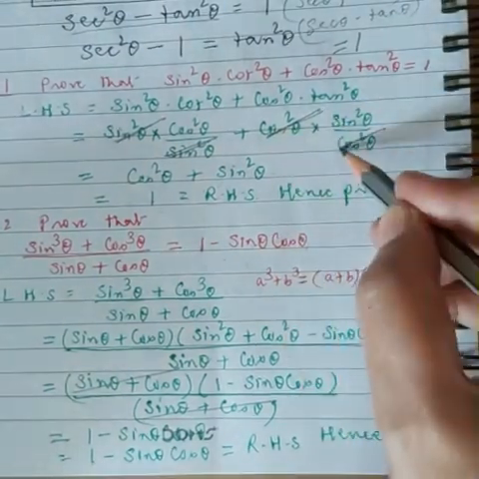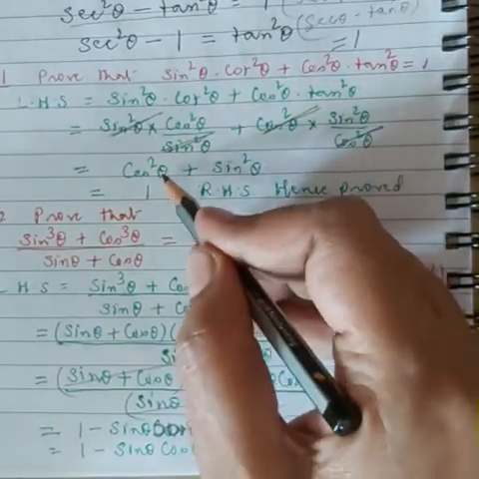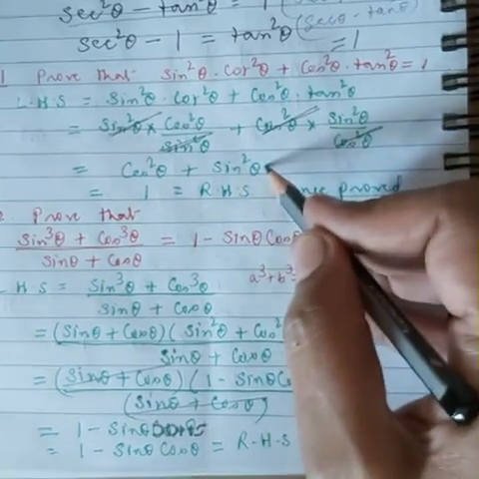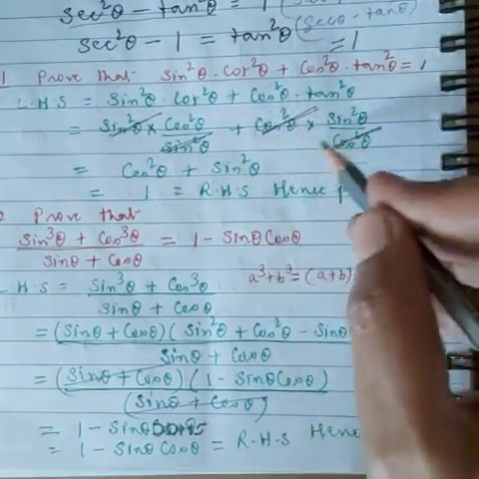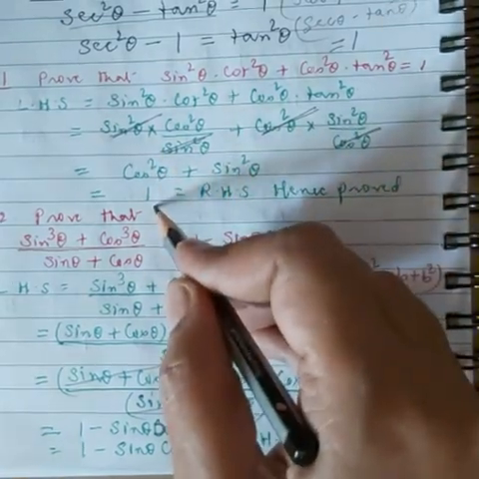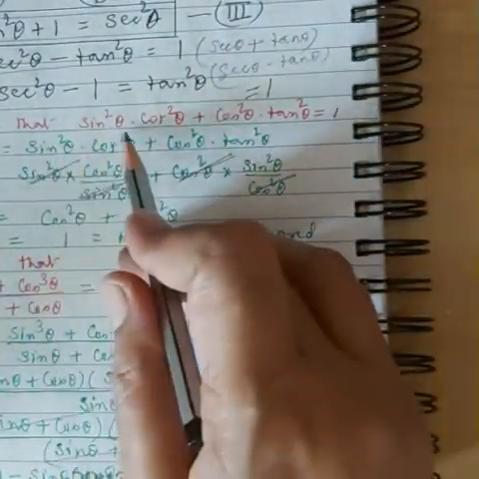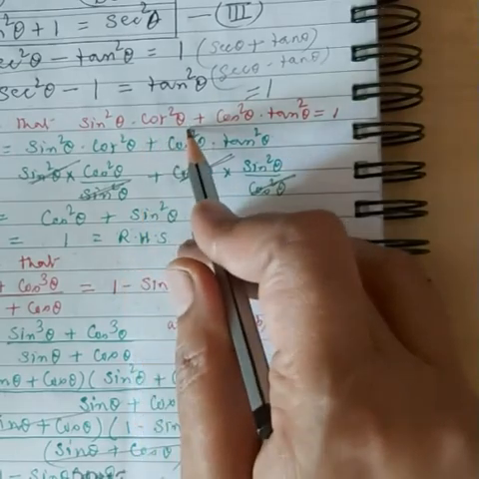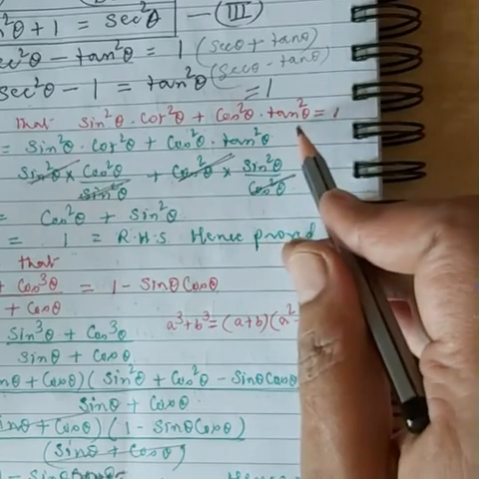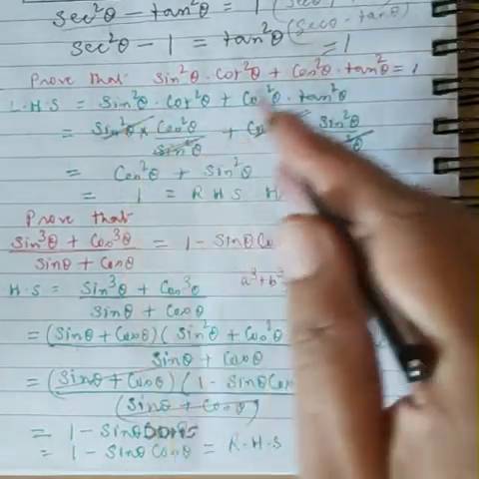This cos square theta and this cos square theta cancel. So what will remain in this term? Cos square theta. And this plus sine square theta, because this is cancelled. Now we know that cos square theta plus sine square theta is equal to 1, which is equal to right hand side. So hence this first identity is proved.